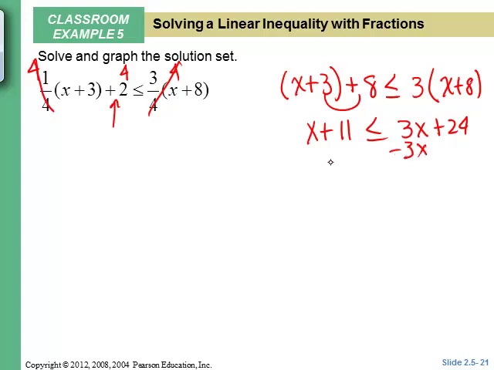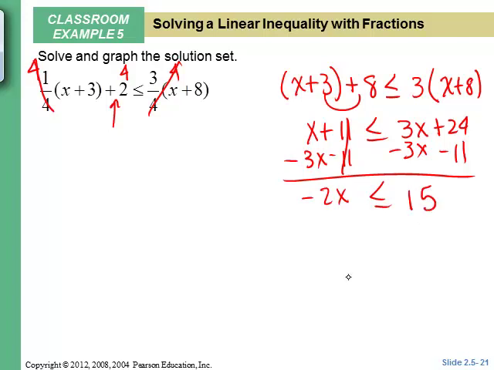Subtract 3x from both sides and subtract 11 from both sides. We get negative 2x is less than or equal to 15. Divide both sides by negative 2. We get x is greater than or equal to, switch the sense, right? Negative 15 halves.